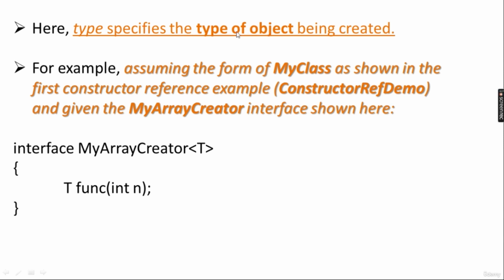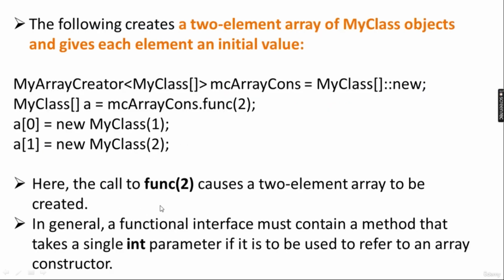Here the type specifies the type of object that is being created, assuming the form of my class shown in the first constructor reference example, constructor reference demo, and given the my array creator interface shown here. So my array creator is the functional interface having a parameter of type T. The syntax can be written like this: interface my array creator T function, integer n.